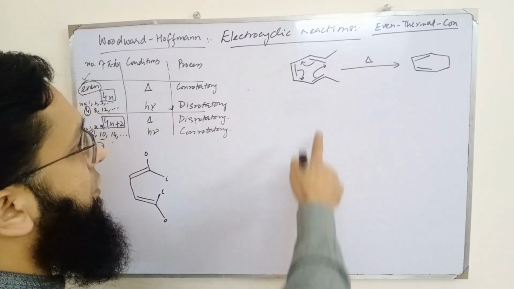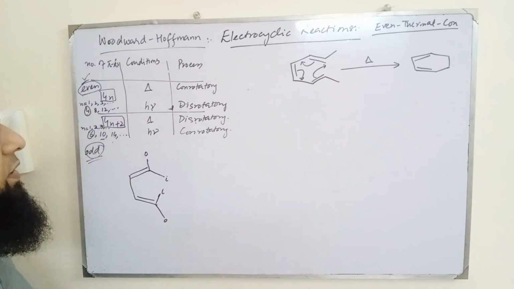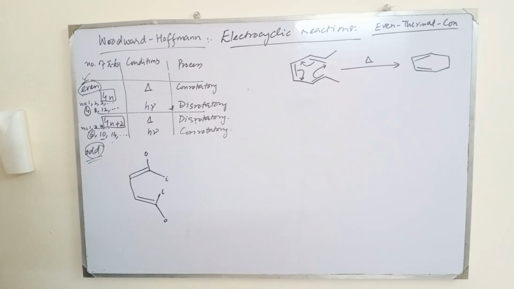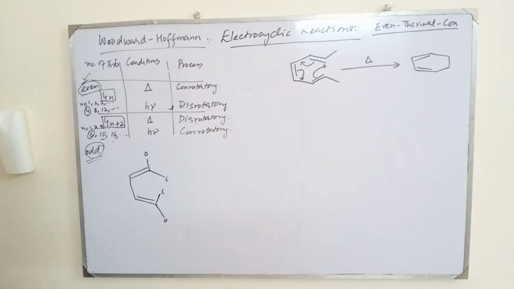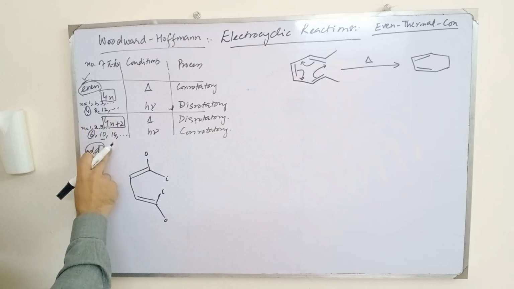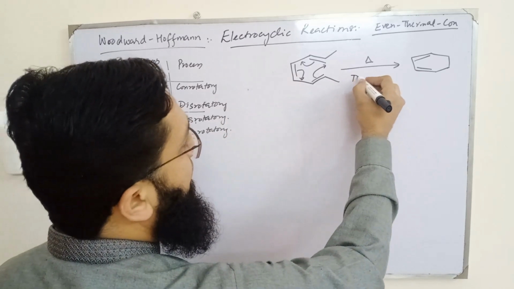This would be a derivative because we have 2 methyl groups as well. And now we will see from the table which process it would be. So these are 3 electron pushing arrows, meaning an odd number of electron pushing arrows, so we will have this category. And with thermal conditions, the process would be disrotatory.